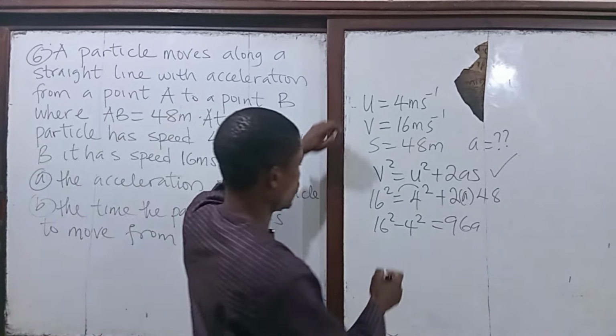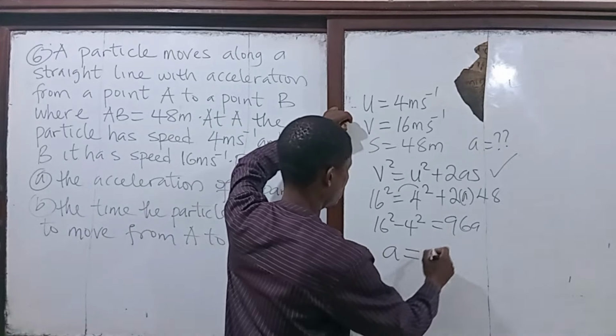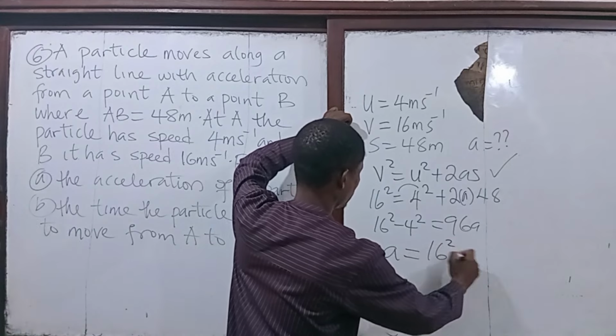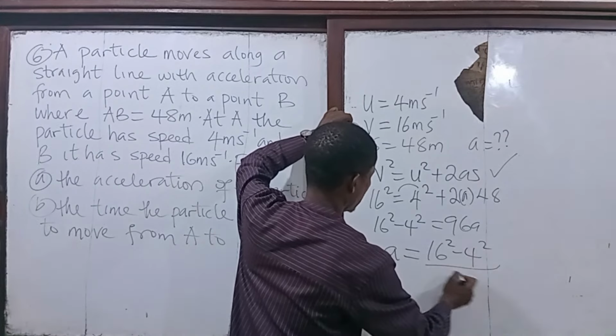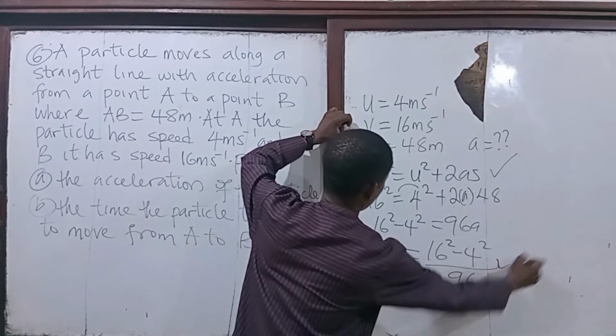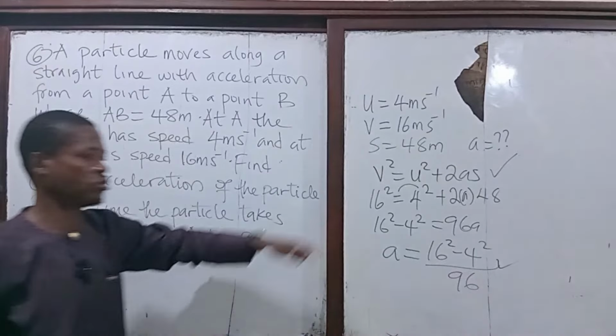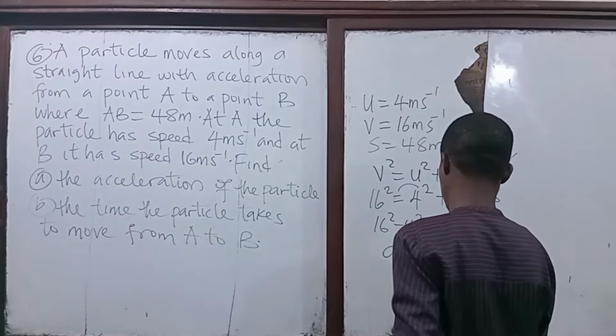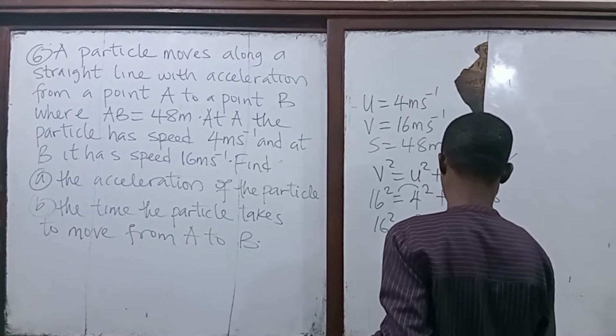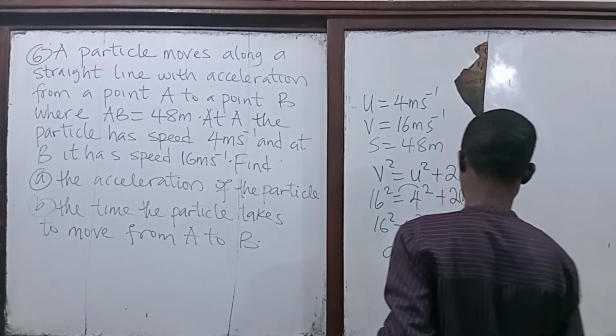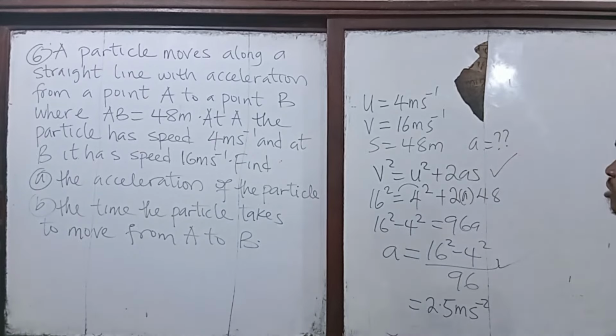So make A the subject, and then you get your answer for the acceleration. Punch your calculator. Acceleration will be 2.5 meter per second squared.